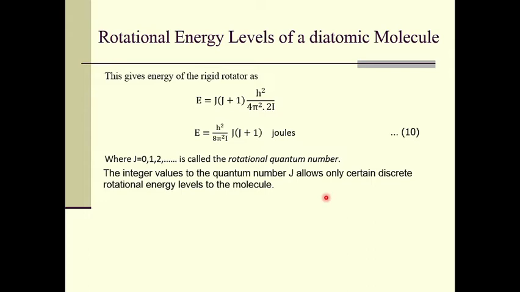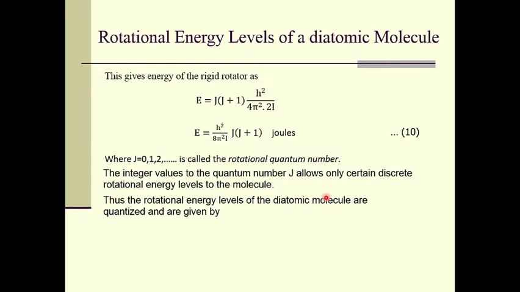In the case of atoms, the energy levels are quantized. In the case of the hydrogen atom, the energy levels are quantized. So similarly here, in the case of a molecule also, we cannot have continuous energy levels, but we have discrete rotational energy levels of the molecule.